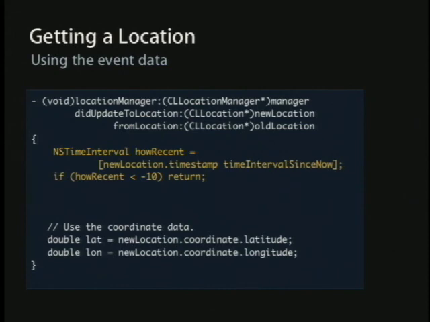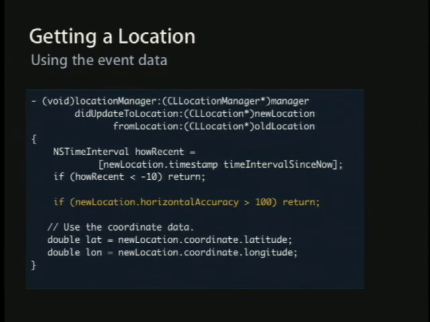So that'll basically tell you how long it's been, the NSTimeInterval, since that location notification was generated. So if you wanted to find out how long it was between them, you could get newLocation.timestamp and oldLocation.timestamp and get the difference. This just tells us how long it's been since that new location timestamp was generated. And in this case, we're going to filter out ones that happened in some period of time. But you could do other things with that. Just find out how long you've been in one spot, for instance.